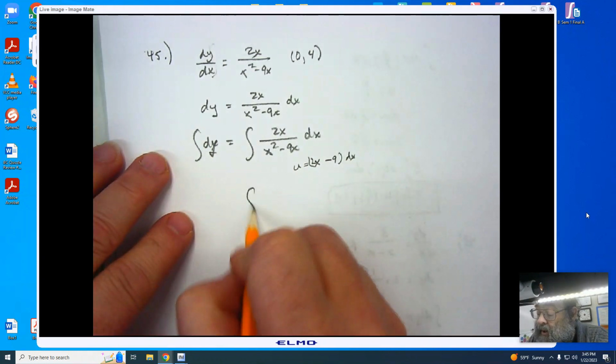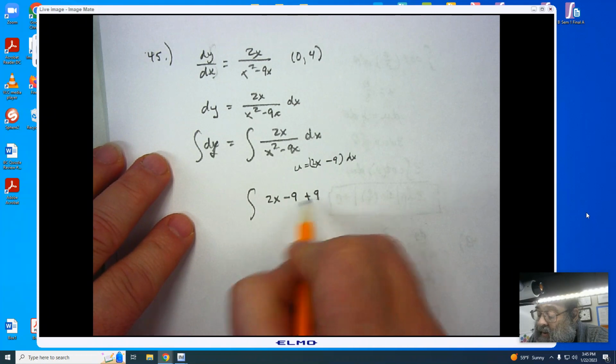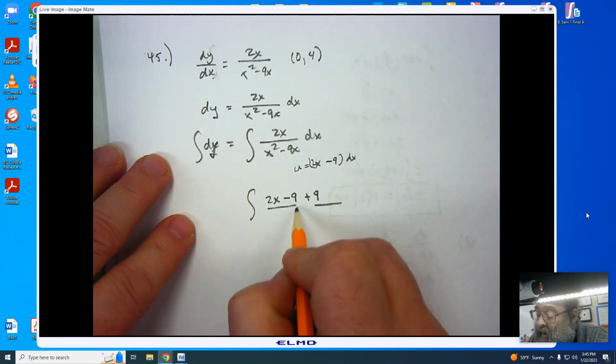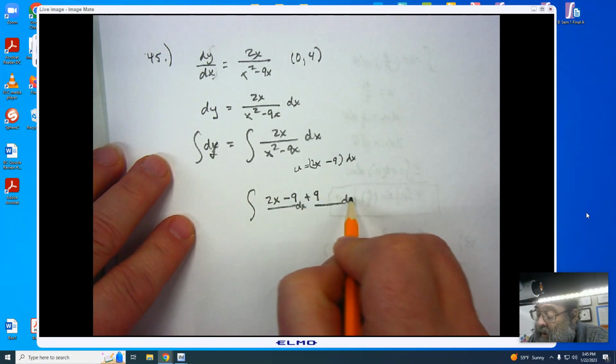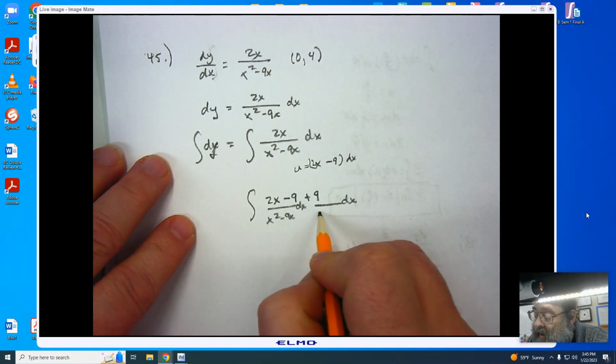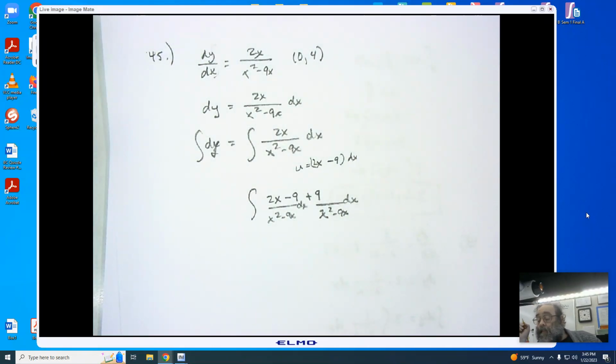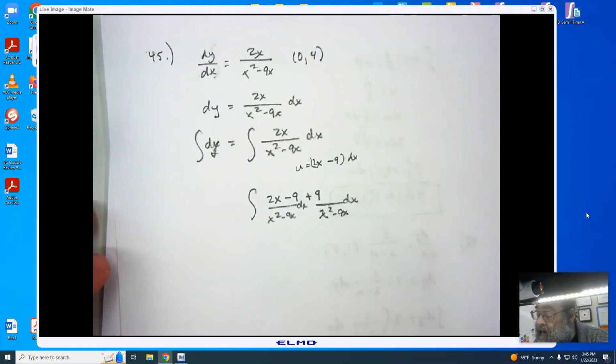So I'm going to change this so that I have a 2x minus 9 plus 9, and I'm going to set it up as two distinctly different integrations. Notice how we do that in a very kind of clever way. Okay? Alrighty, let's see how this is going to go.